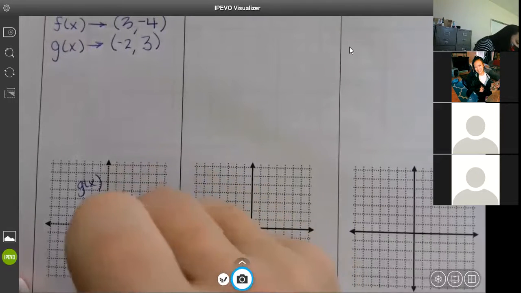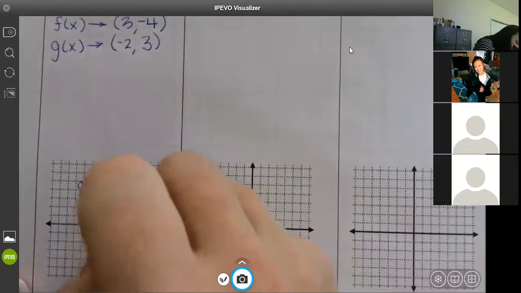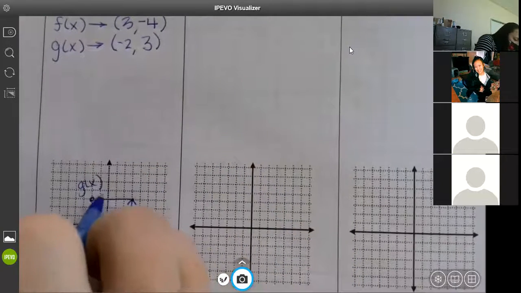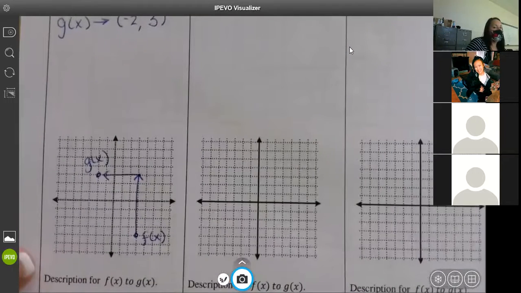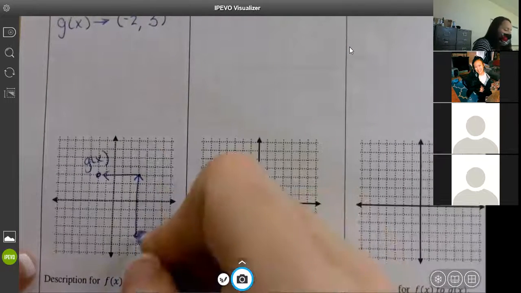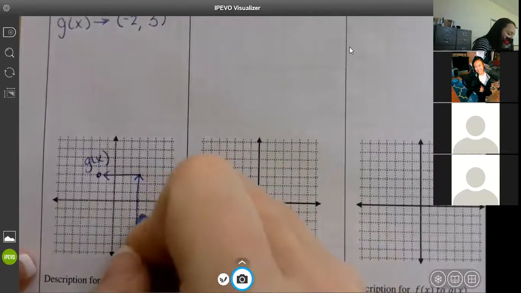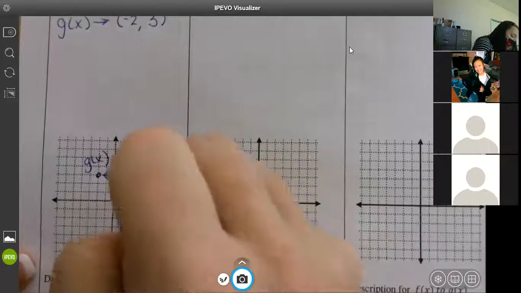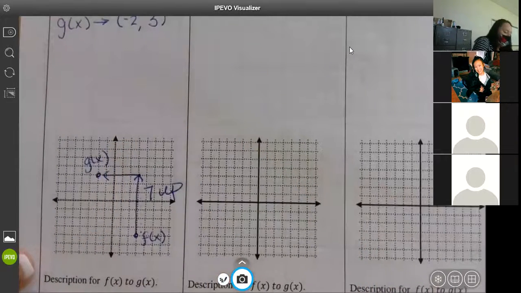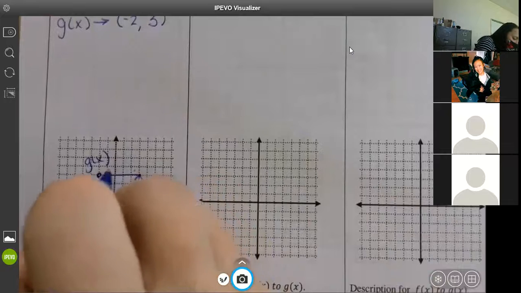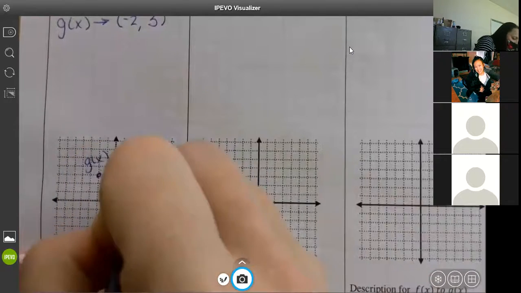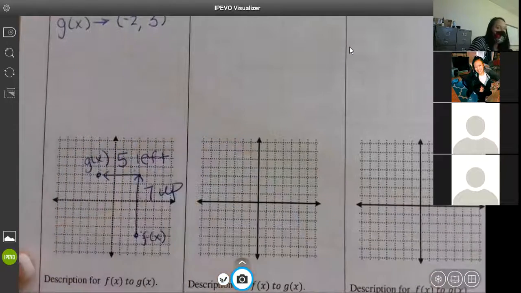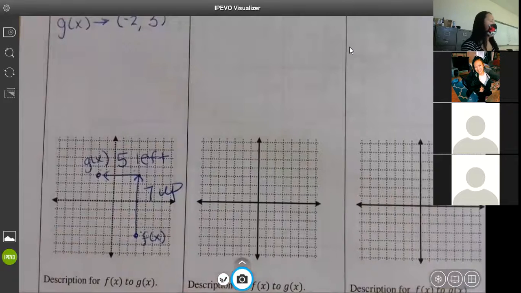So remember, we're going from f of x to g of x. So it's just like rise over run. 1, 2, 3, 4, 5, 6, 7. Up. 1, 2, 3, 4, 5. Left. 5 left.